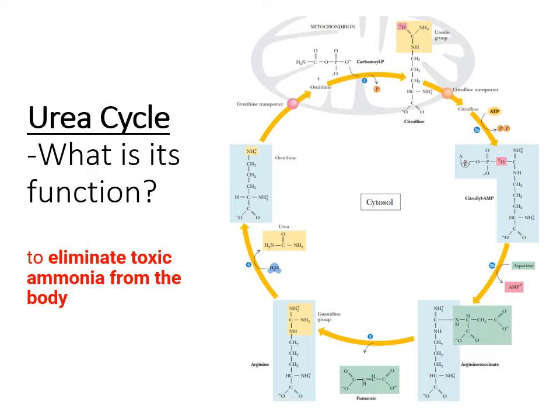So unlike fish that could just swim around in water and dilute the ammonia, we eliminate the issue by creating urea. It's a very important pathway that ultimately leads to the excretion of waste products of nitrogen metabolism, especially those of amino acids.